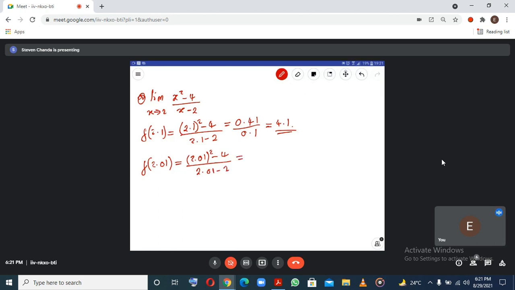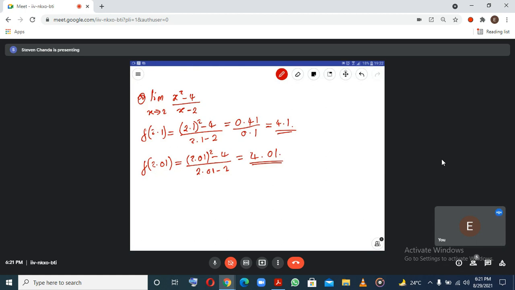For the sake of time, it's just going to be 4.01. So what you can't deny is happening in this function is that the number is approaching 4.